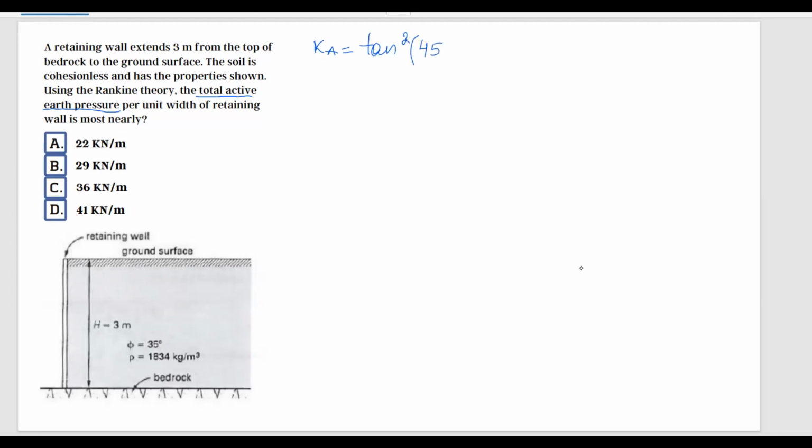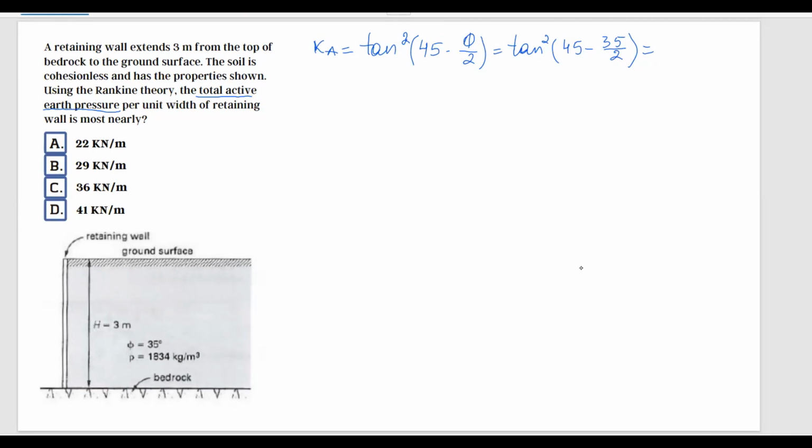I'm just going to substitute: tangent squared of (45 minus 35 degrees over 2). Now we're going to use the calculator, and I encourage you to do the same. It is important to get used to the calculator that you're going to have on the exam.